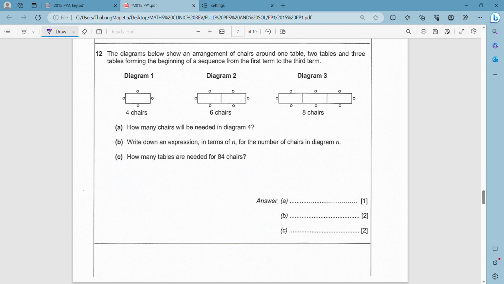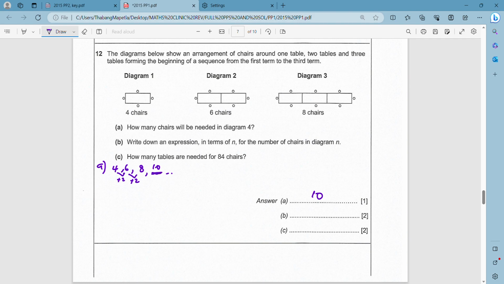It's 4, and then 6, 8, so it's plus 2 each time. So the fourth diagram is going to be 8 plus 2, so therefore it will be a 10.